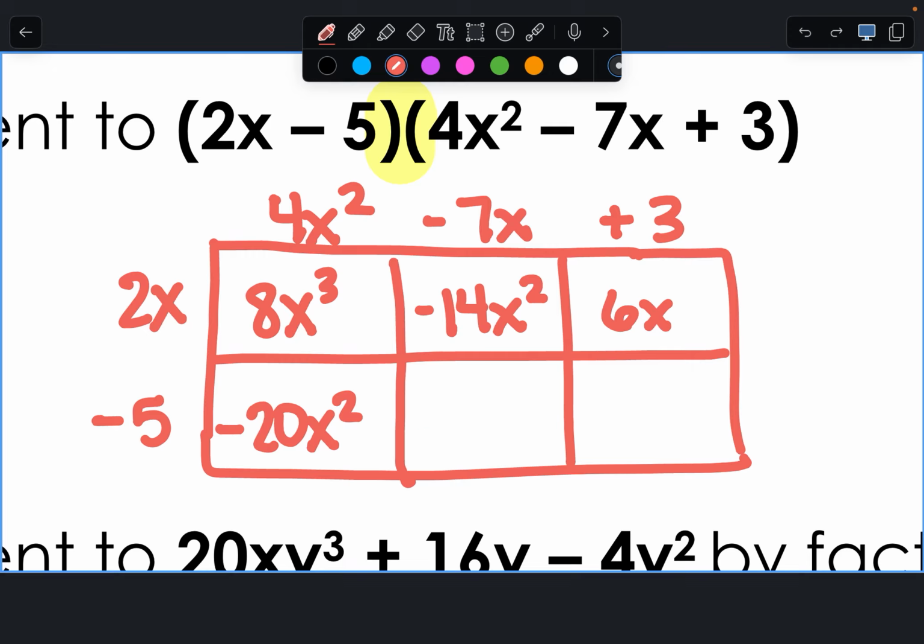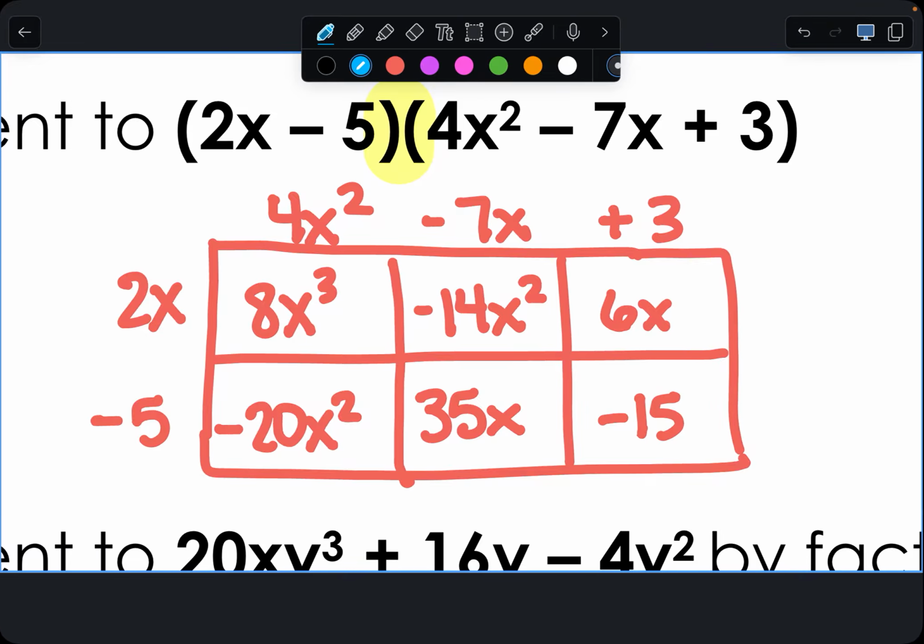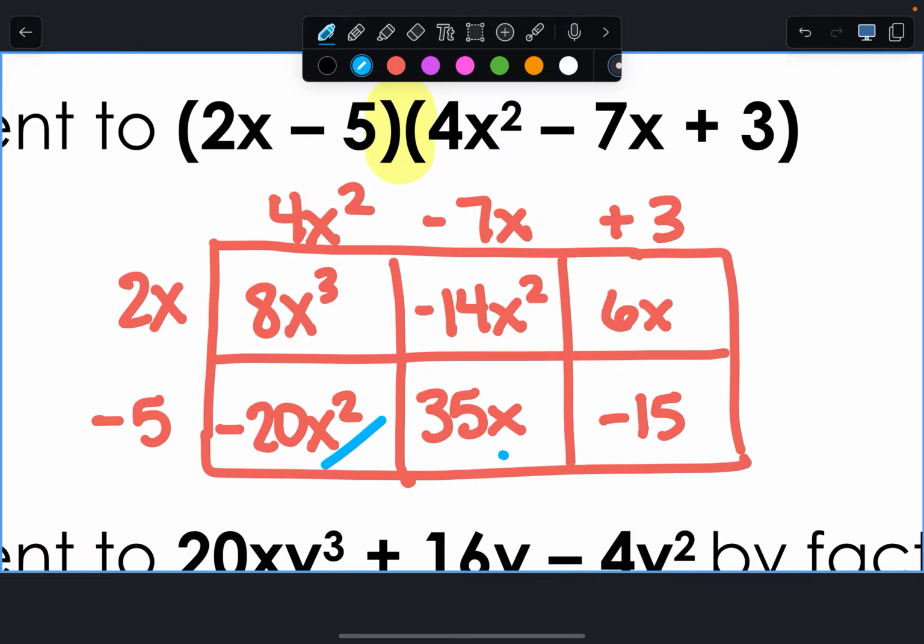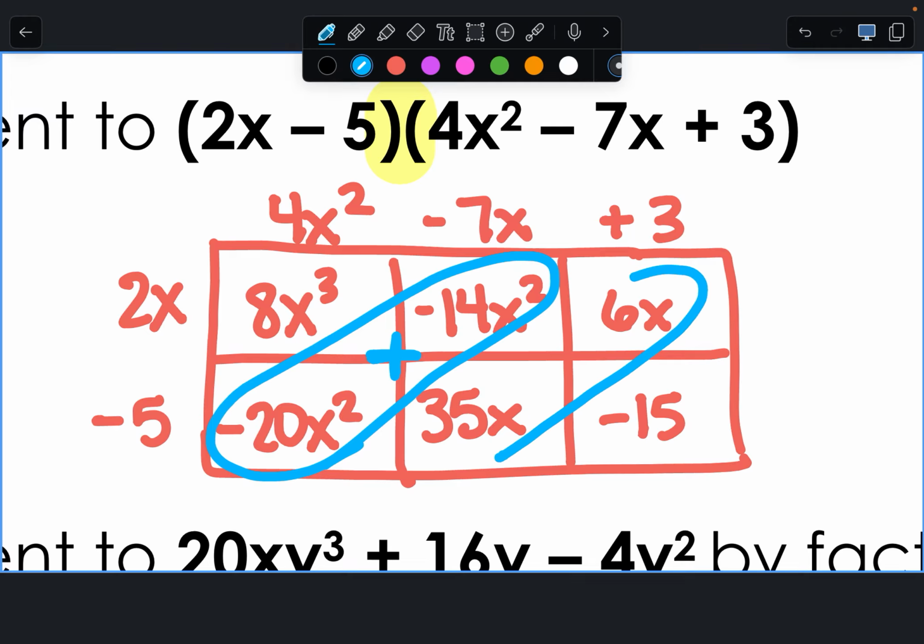Positive 35x. Negative 5 times 3? Negative 15. Now, which ones combine? The diagonals. Negative 20x squared and negative 14x squared, and combine means to add. And 35x and 6x combine right here.